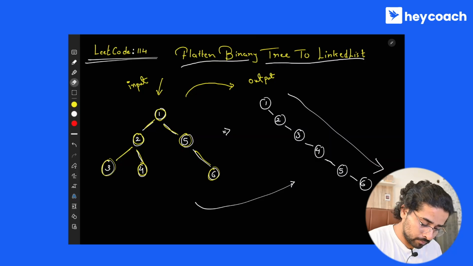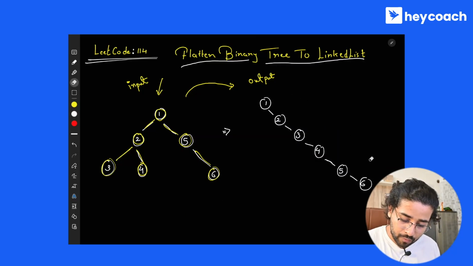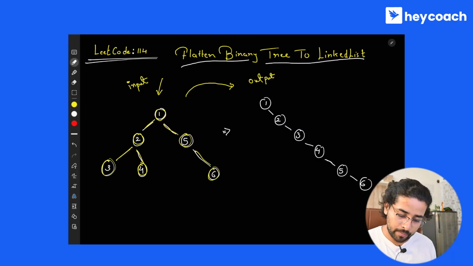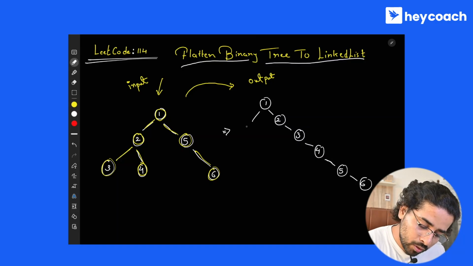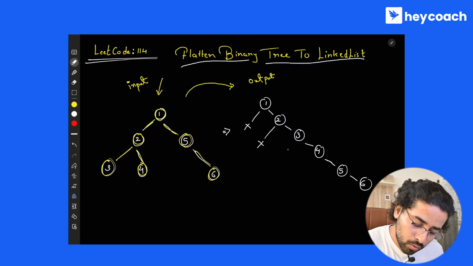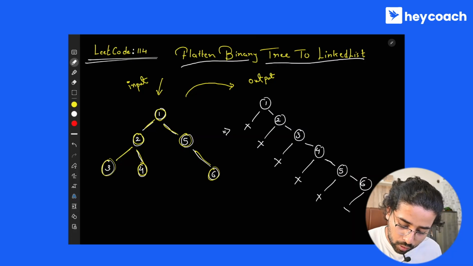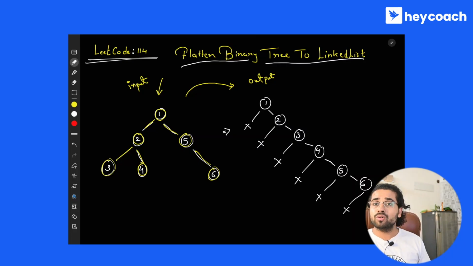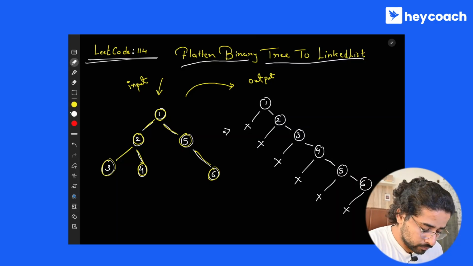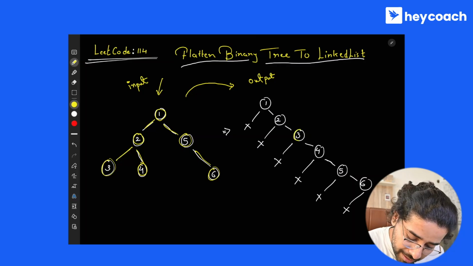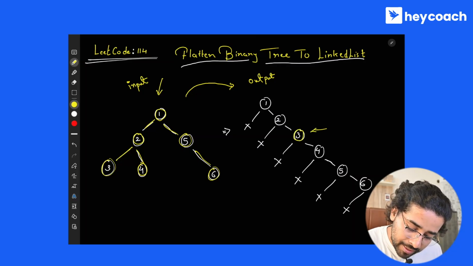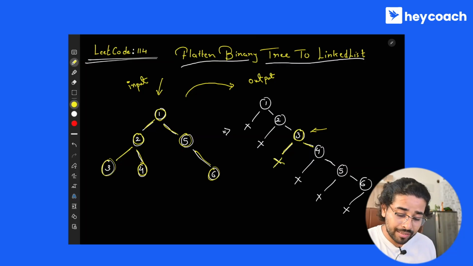Now what we have to do actually: node 1 contains null, 2 also contains null, 3 also contains null, 4, 5 and 6 also contain null on the left side of it. If I consider this node, it contains the right value, and the left value is null.